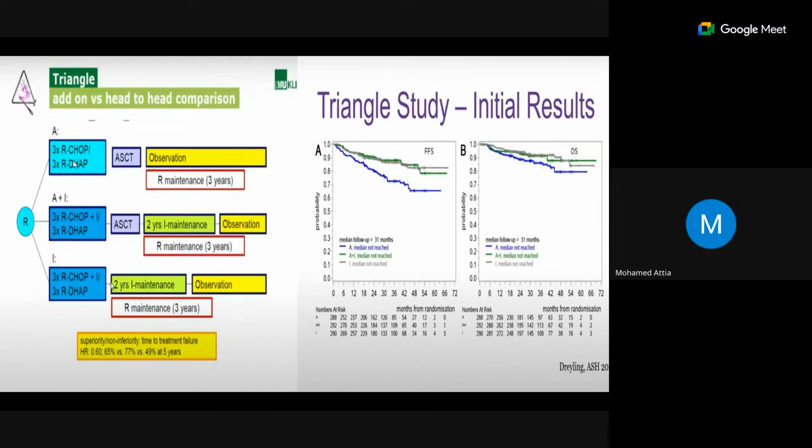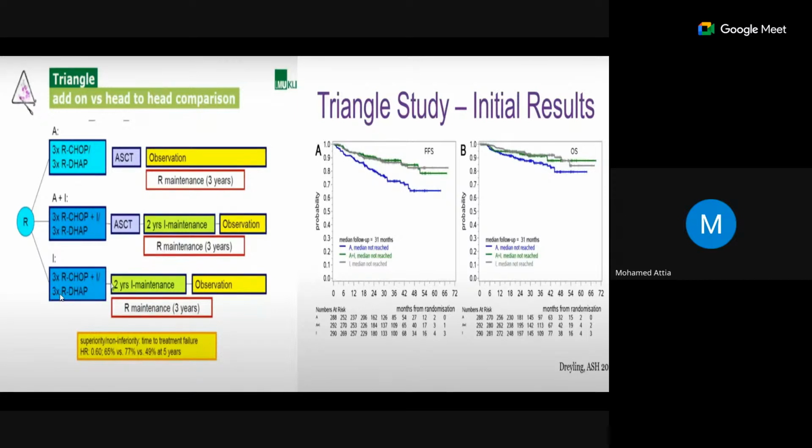So the first arm we use R-CHOP and R-DHAP without ibrutinib, followed by stem cell therapy and followed by 3 years maintenance of rituximab. The second arm we use the same R-CHOP and R-DHAP but with ibrutinib, then followed by stem cell therapy, followed by 2 years maintenance ibrutinib and 3-year maintenance of rituximab.